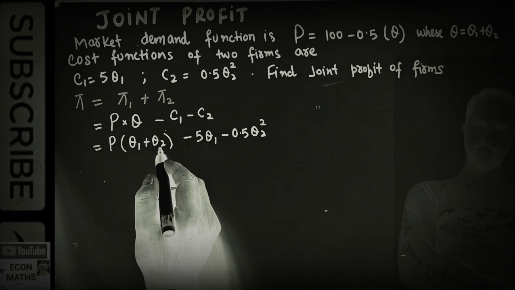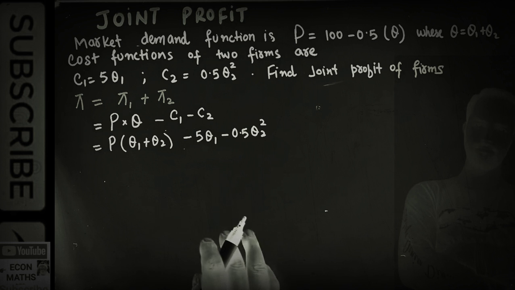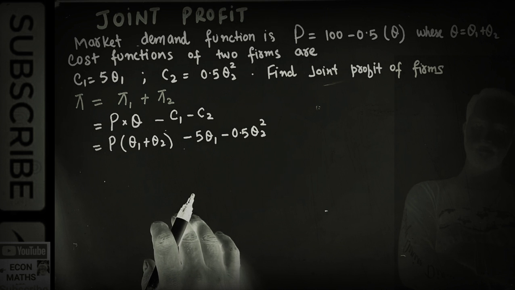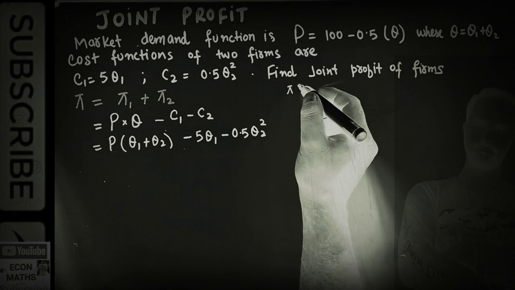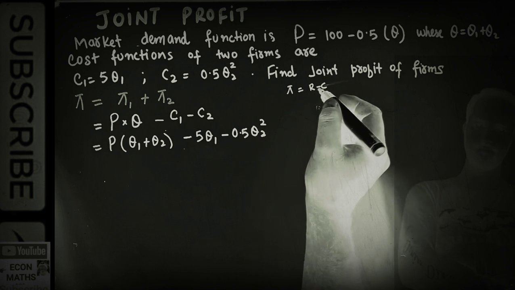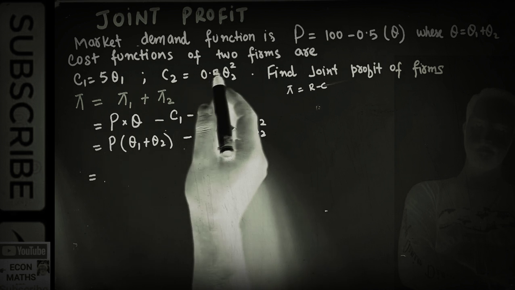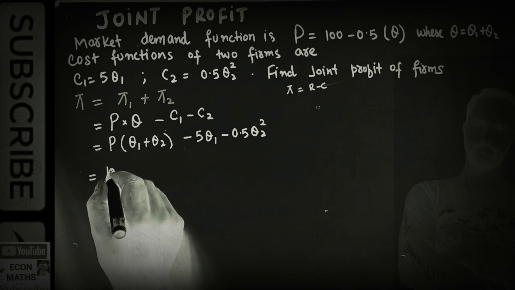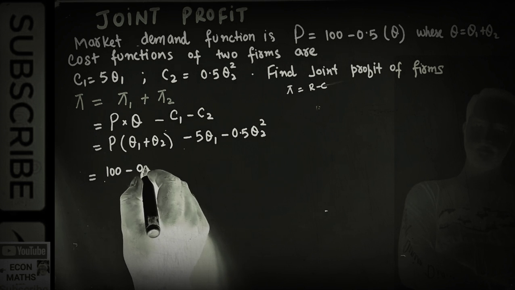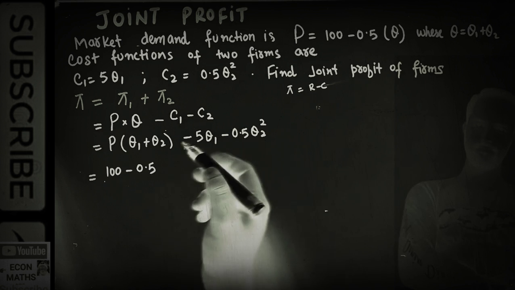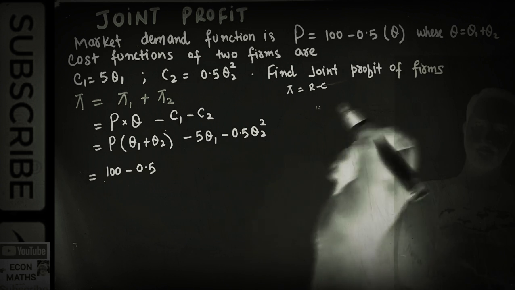This is the total revenue of the two firms and this denotes the total cost of the two firms. We know profit is equal to revenue minus cost. So this is revenue and this is the cost. Now what is P? P is given to us as 100 minus 0.5 Q, and Q is Q1 plus Q2.